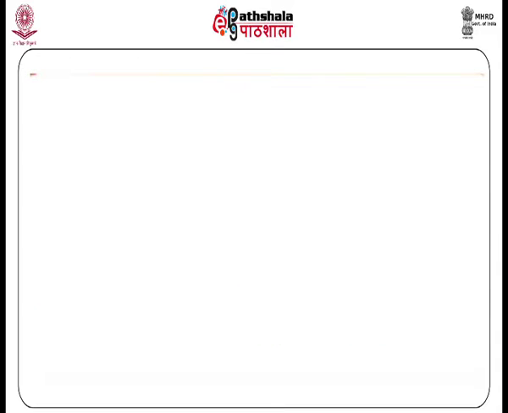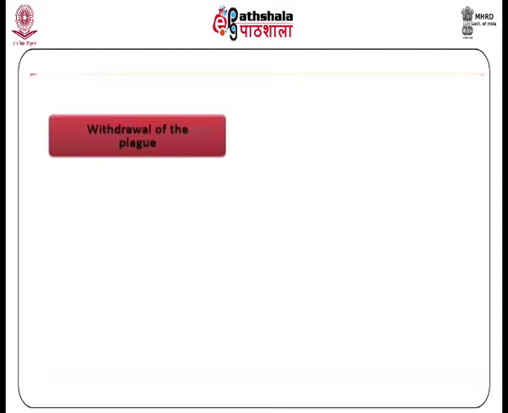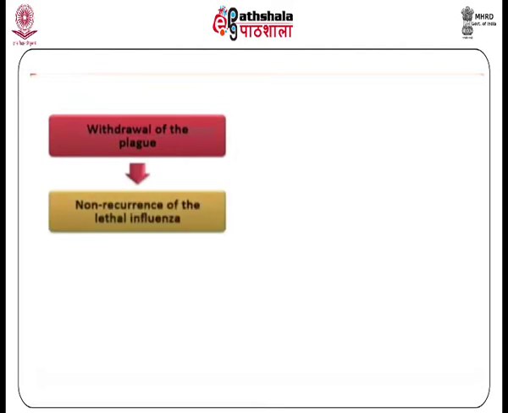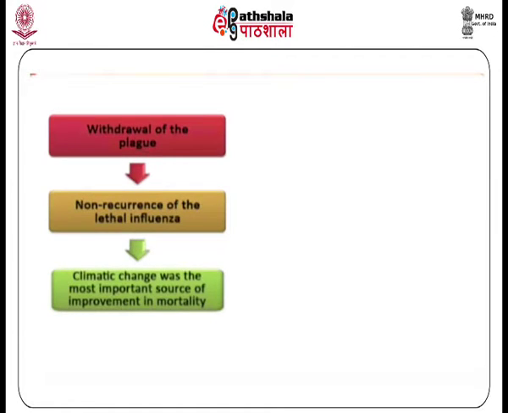This basic improvement was supplemented by the withdrawal of the plague, the non-reoccurrence of the lethal influenza, and perhaps by public health measures that checked cholera and smallpox. However, climatic change was the most important source of improvement in mortality.